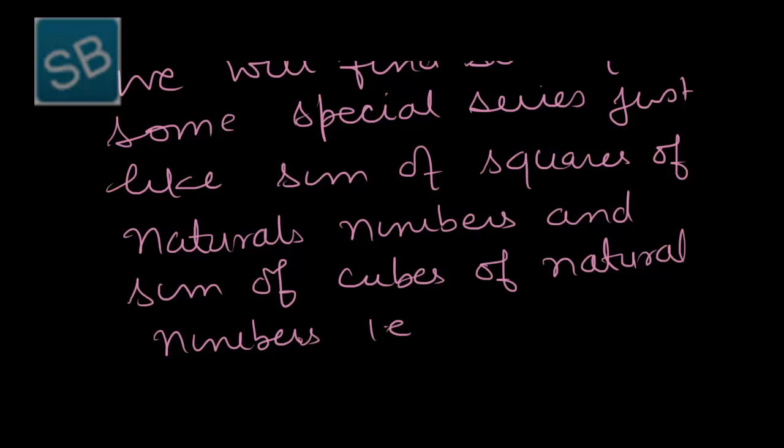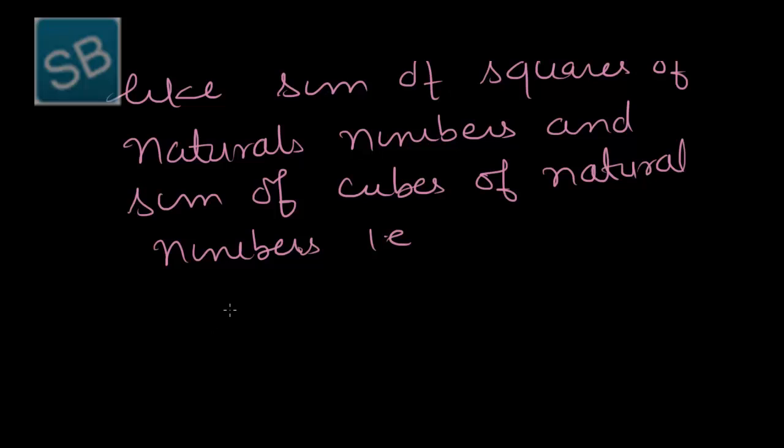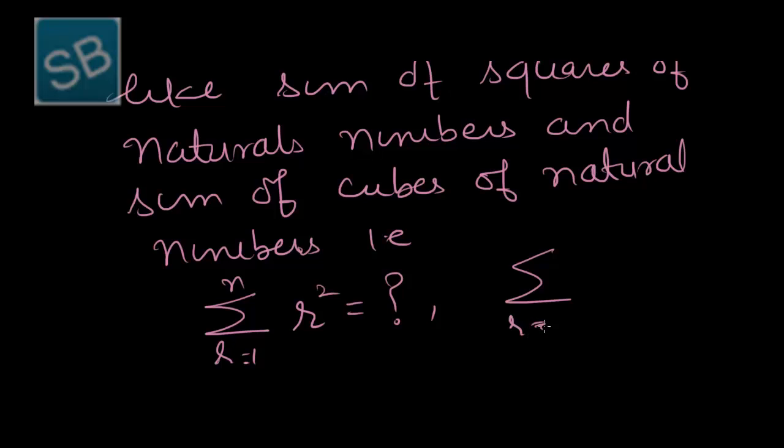That is, in sigma notation, it can be written as we have to find sigma r from 1 to n r square and sigma r from 1 to n r cube. These are the special sequences as we discussed earlier, and by sigma notation this can be written as we have to find sum of squares of natural numbers and sum of cubes of natural numbers.